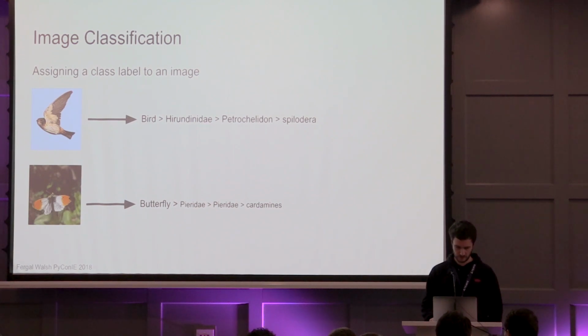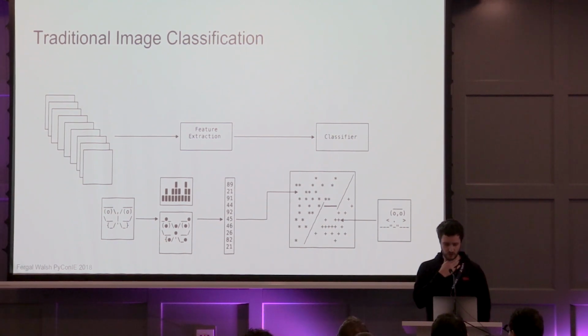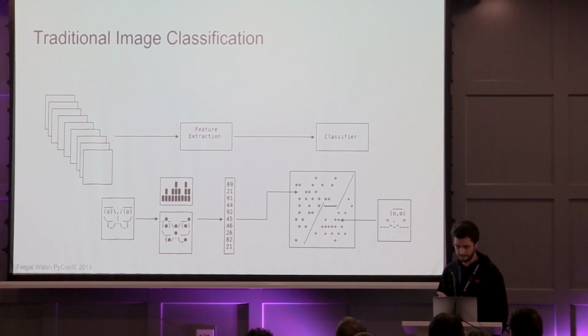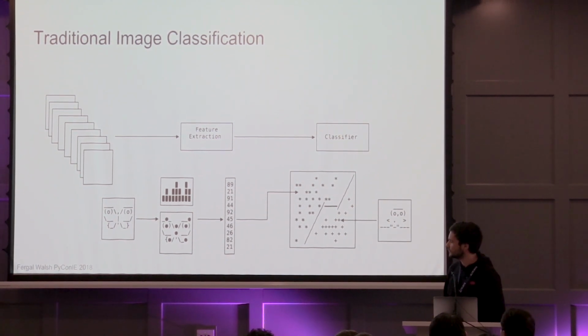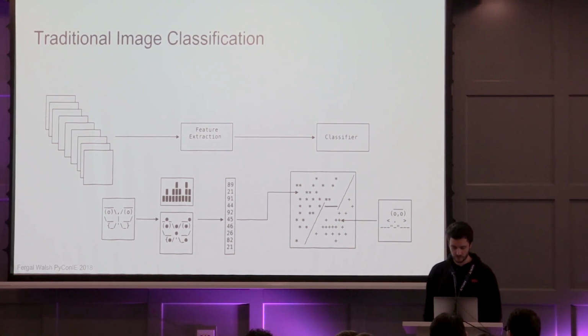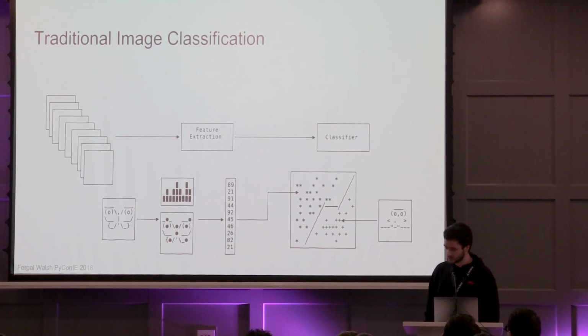So in traditional image classification, we would take our training images and then we'd feed them through some kind of feature extractor, which would measure things like the color histogram, find key points in the image, distributions of geometrical shapes or edges, these kind of things, and then encode them into a numerical vector.